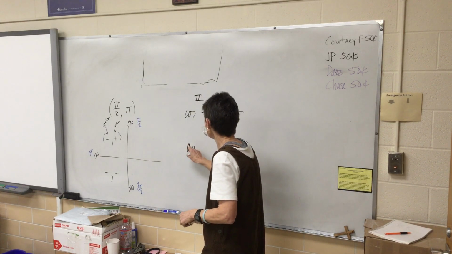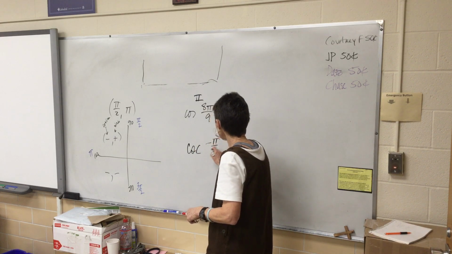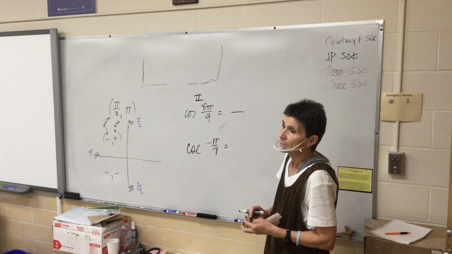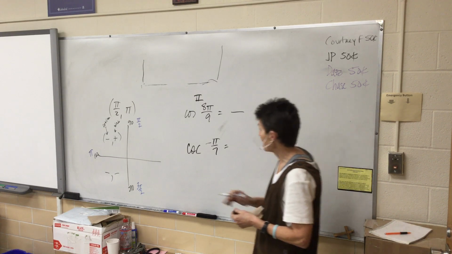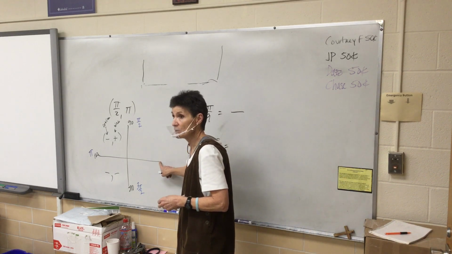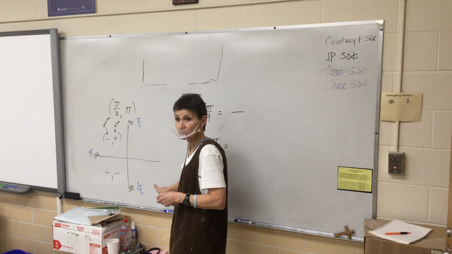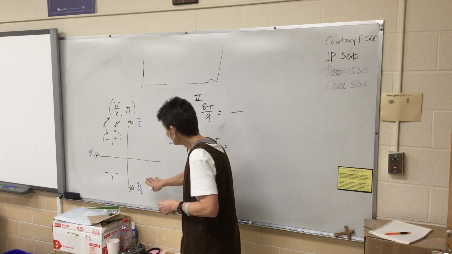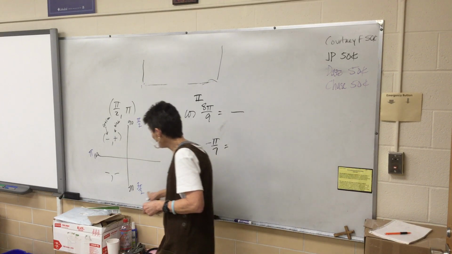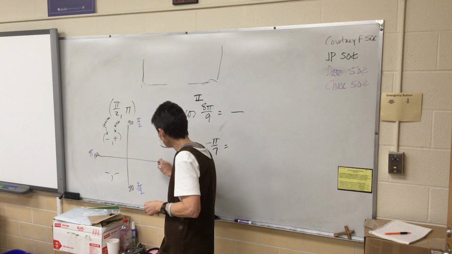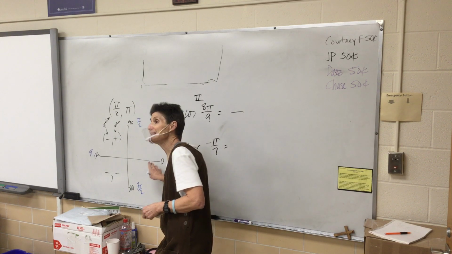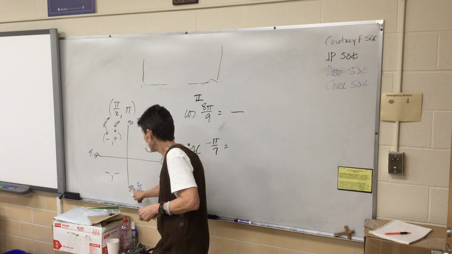Cosecant, negative pi over 7. All right, first of all, it's negative, so that means we're starting here, but we're going down. Negative. Now, I don't have any negatives labeled. What would this one be? I'm sorry, this is 0. I'm starting here and going down. What would this one be negative-wise?